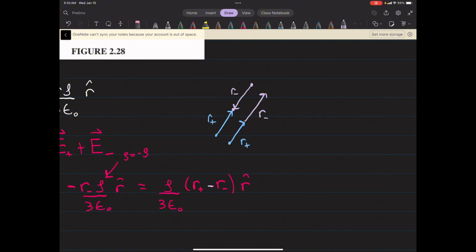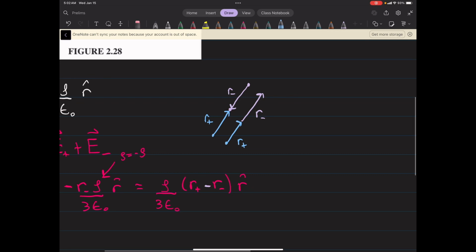Well, this vector is now just the vector from the origin of the positive sphere to the center of the negative sphere. So then this term is just vector d.